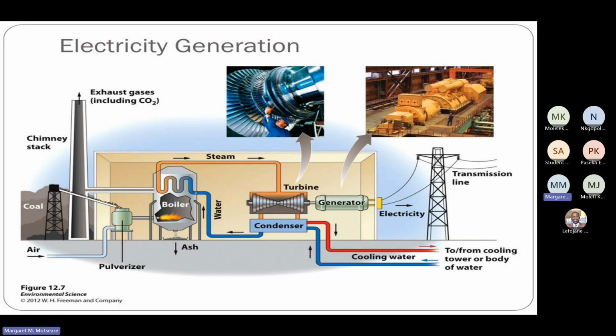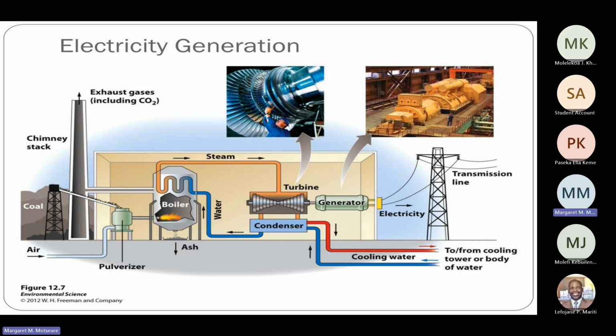And then that steam is going to cool down. It means we have that process of condensation. The steam cools down and becomes water. And then the water goes again to the boiler.